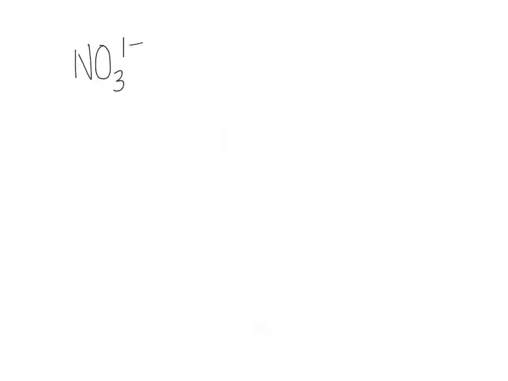Okay. What you do when you have a charge, if it's negative, you add to the total number of electrons that you have. I've got a 1 negative charge, so I'm going to add 1 to my total electron count. Then if I have a positive, I'm going to subtract 1.